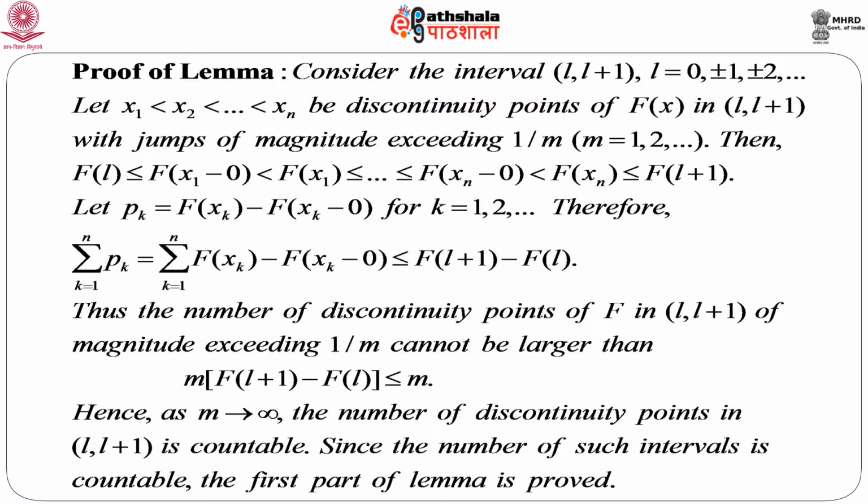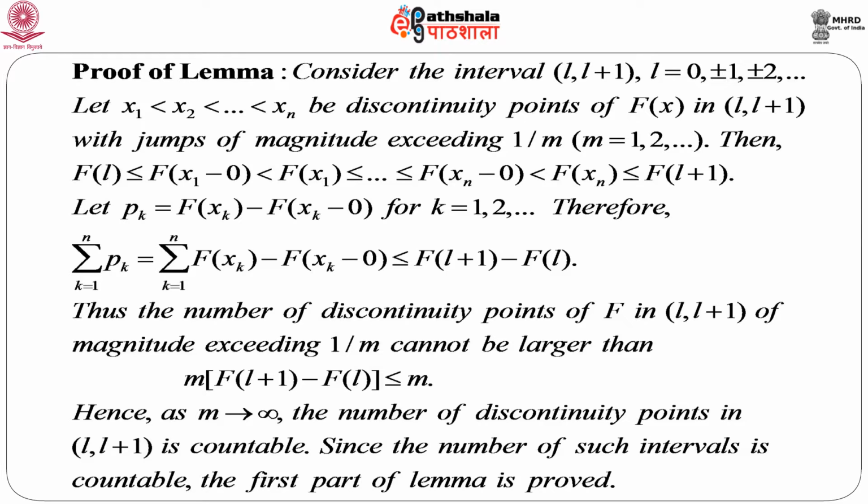Then, since we know that a distribution function is always non-decreasing, we can immediately write that capital F of l is less than or equal to capital F of x1 minus 0, which is less than F of x1, and so on. Now, remember this is written because of the fact that F is right continuous, so it might not be left continuous. That is why we have put the strict inequality sign here, and so on up to F of xn less than or equal to F of l plus 1.